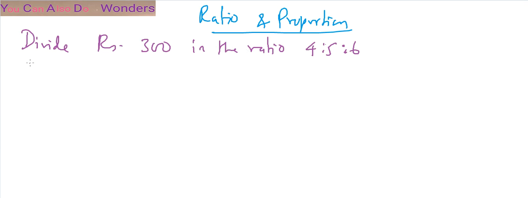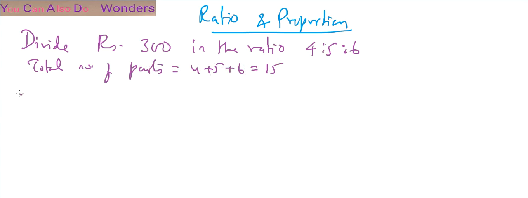So what's the total number of parts? 9 plus 6, 15 parts. That means out of 15 parts, A gets 4 parts. So 4 out of 15.